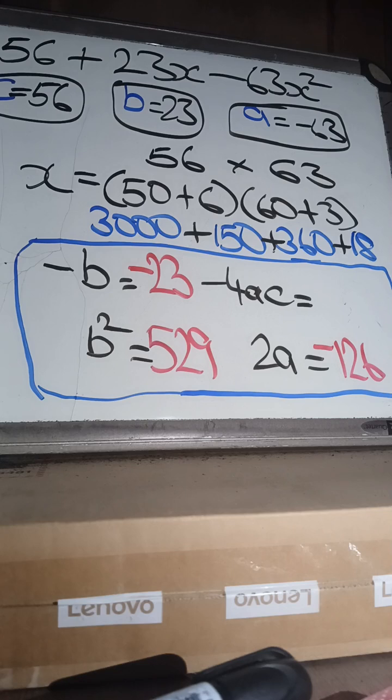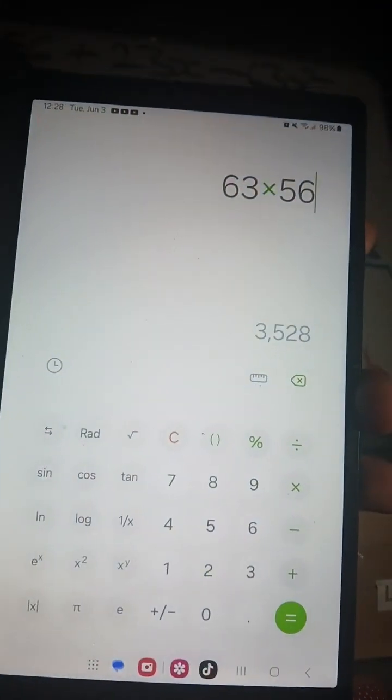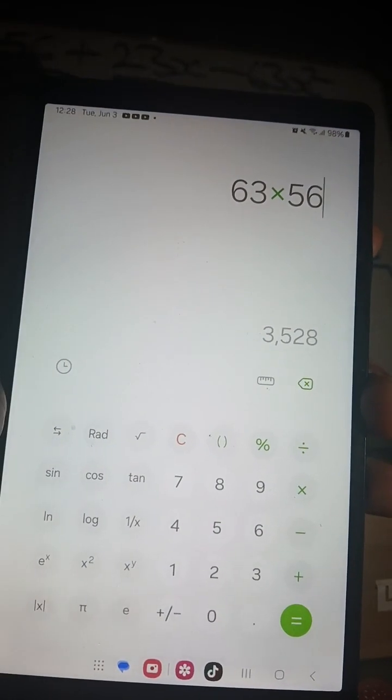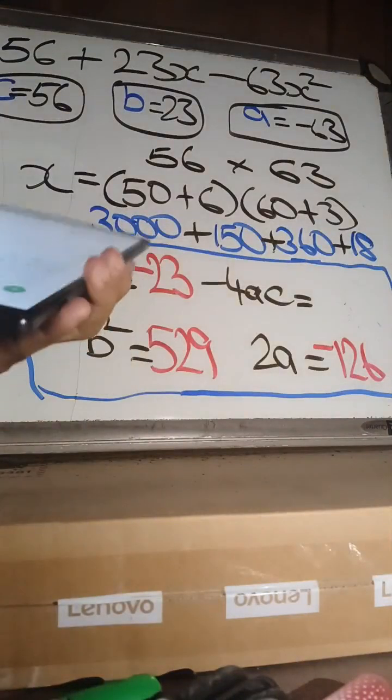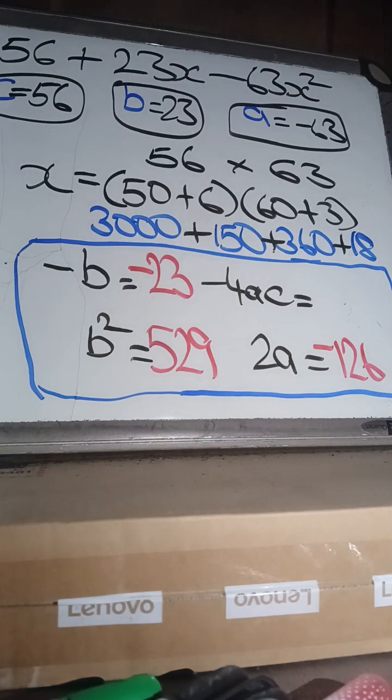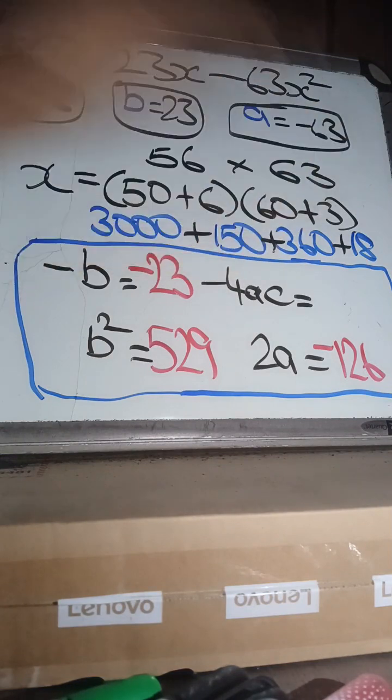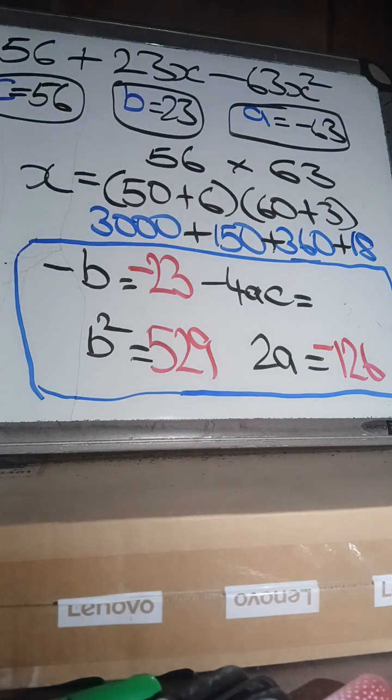Let me see if what I did makes sense. 63 times 56. Yeah, so all of that was not for nothing. When you add up all of that, you get 3,528. 510 plus the 18 is 528, add it to this, you get 3,528.